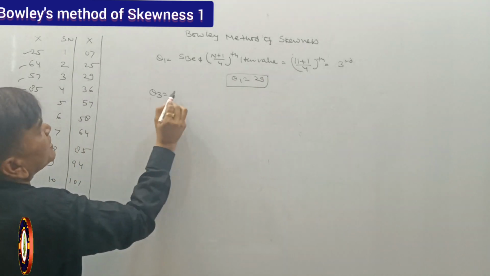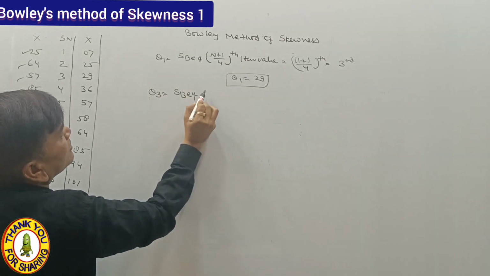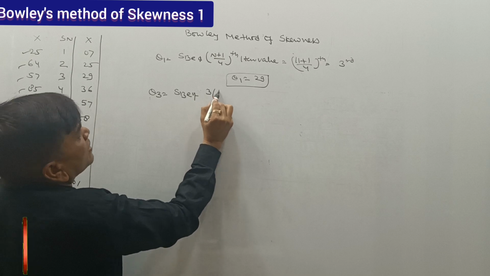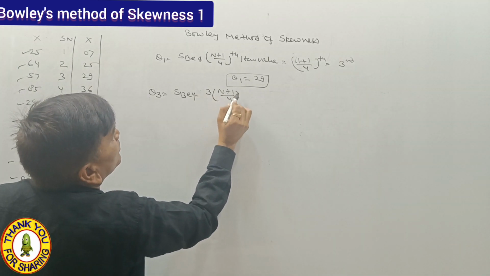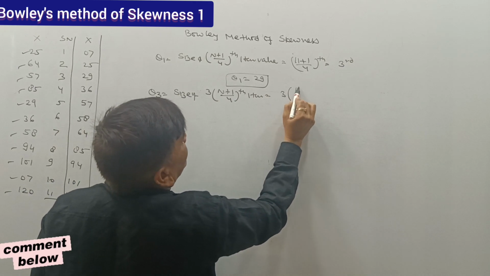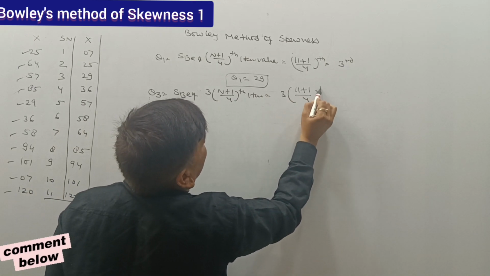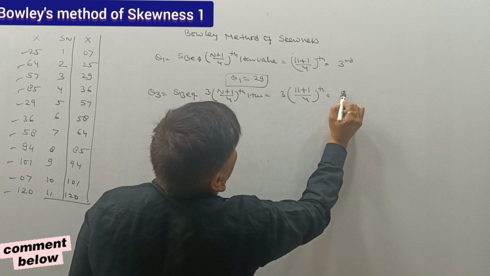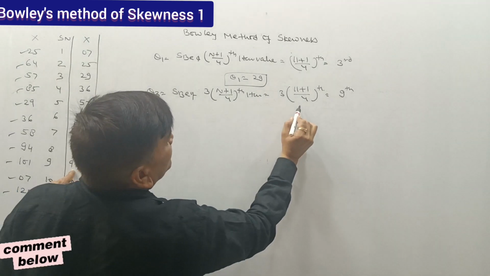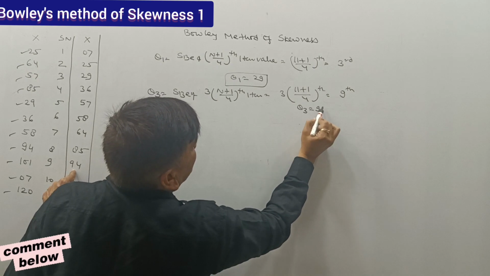The value of Q3 is the size of 3 times (n plus 1) upon 4th item, so 3 times (11 plus 1) upon 4, that is the 9th item. The 9th item is 94. So the Q3 value is 94.